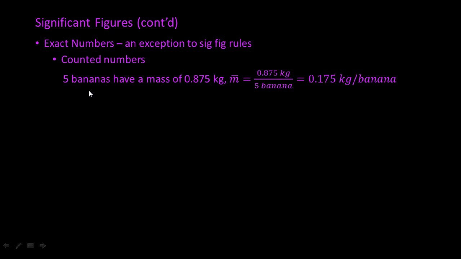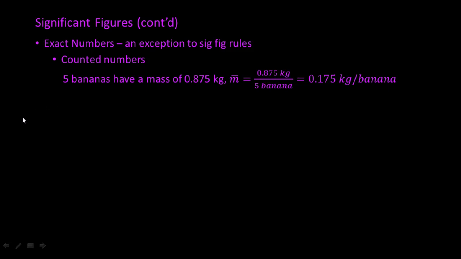There's exactly 5 bananas. So if we were to find the average mass, we would take the 0.875 kilograms and divide it by the 5 bananas. Because the 5 is a counted quantity, it's exact. So our answer would have the same number of significant figures as our kilograms measurement.